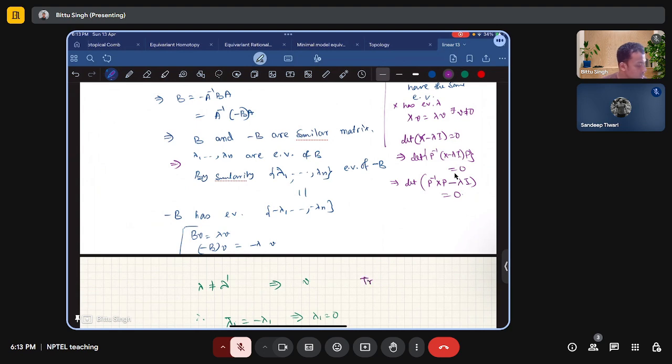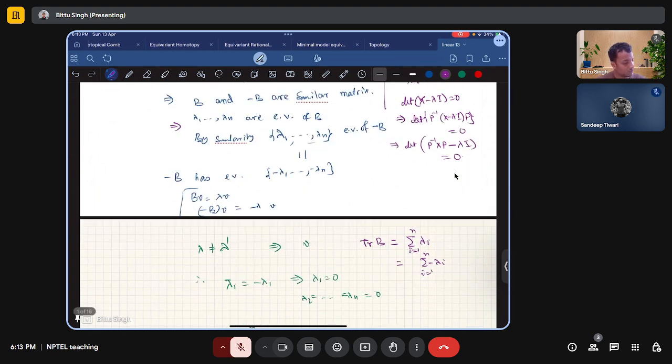We may write it like this: trace of B is the same as the sum of those lambda i, but we are getting those two sets are the same, i equal to 1 to n. That is the same as the sum of minus lambda i, because those two sets are the same. But this is the same as minus trace B, right?